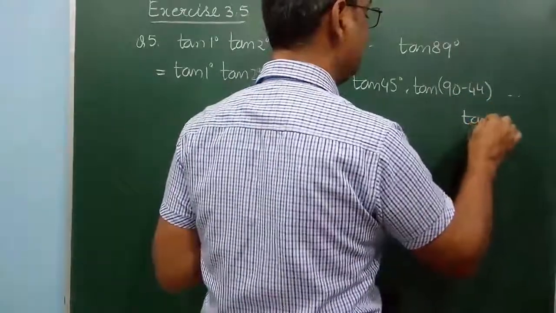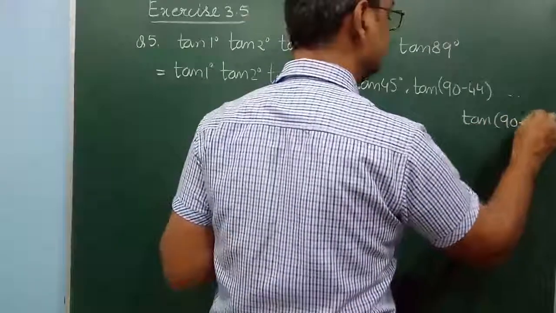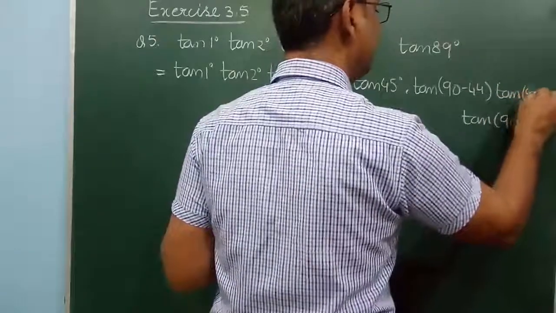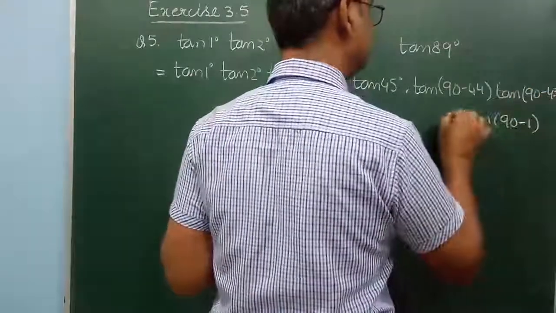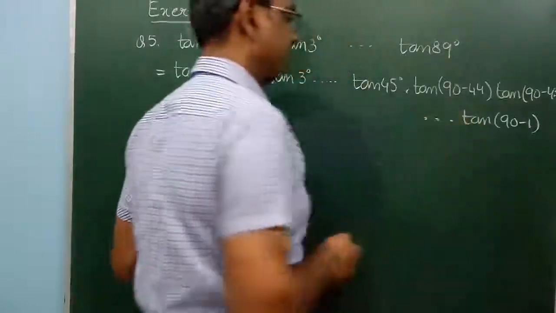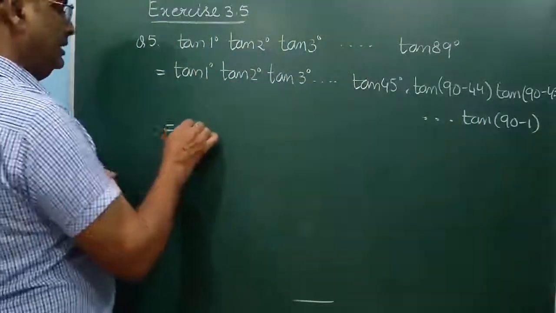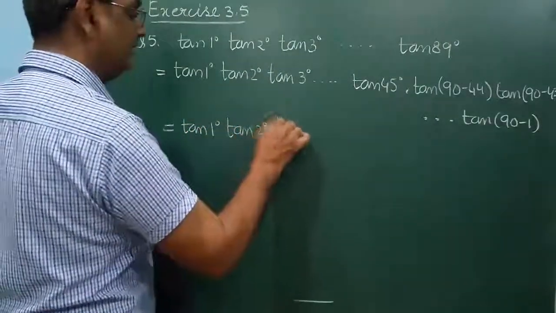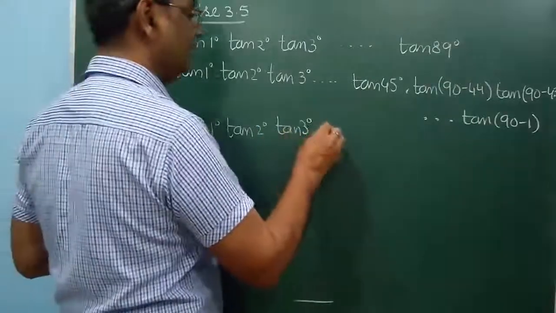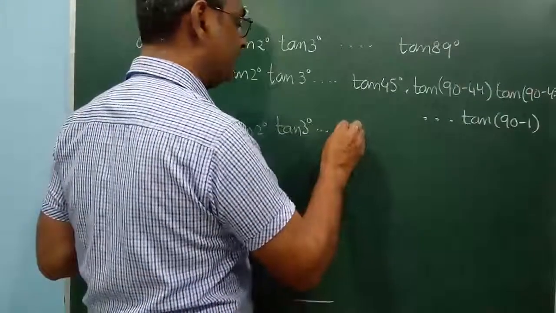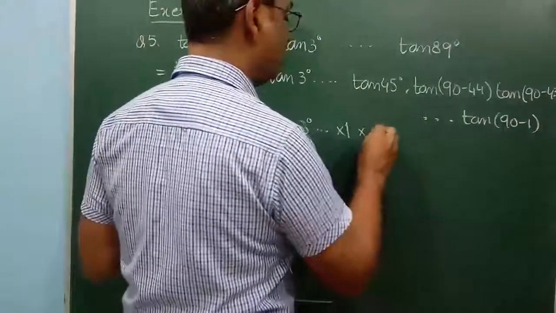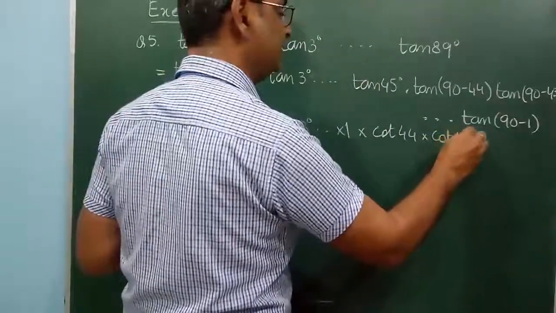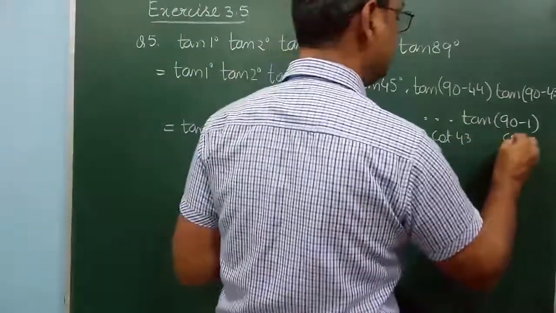The last one will be 90 minus 1. If you want you can write one more, tan 90 minus 43, and so on. This is tan 1 degree, tan 2 degree, tan 3 degree, and so on. Tan 45 is 1 into cot 44, cot 43 and so on. The last one will be cot 1.